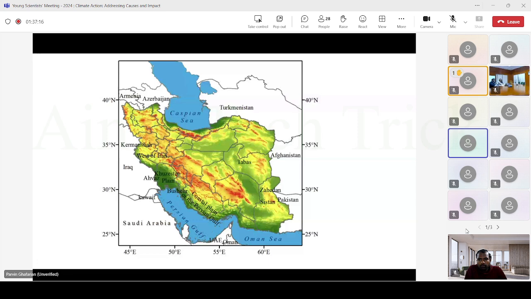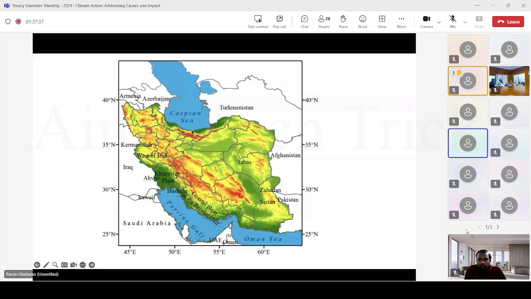It has very complex topography. Some areas are desert. For example, in this part of Iran, we have deserts, while others are covered with dense forests. For example, in the north of Iran, we have forest. And some parts are arid and semi-arid.